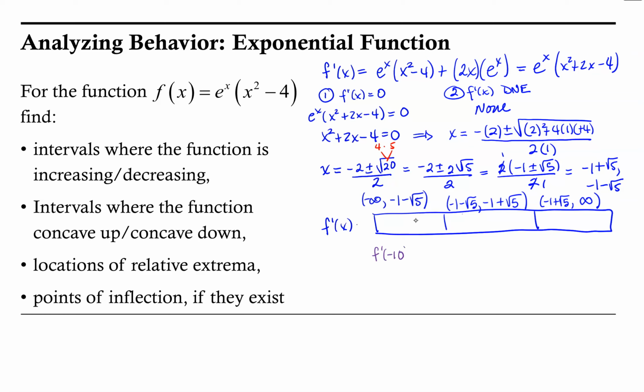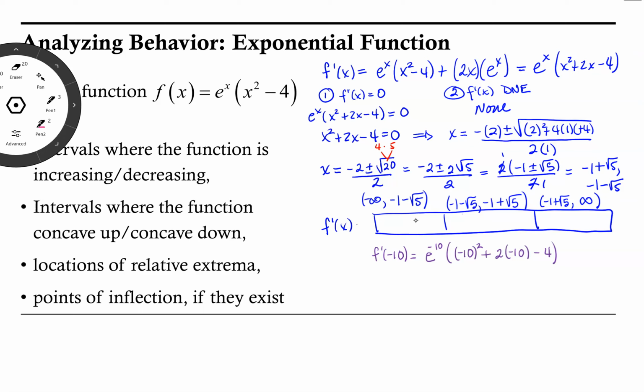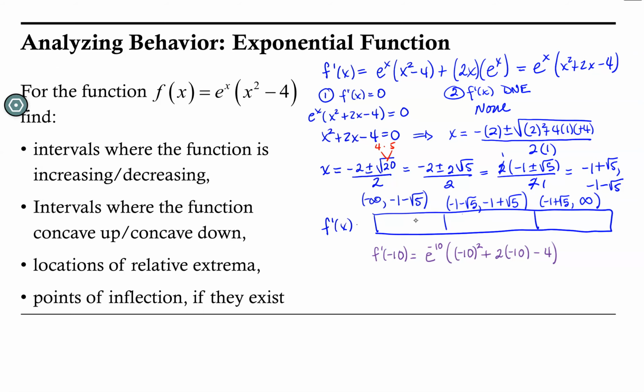So f prime at negative 10 will equal e to the negative 10 times negative 10 squared plus 2 times negative 10 minus 4. And remember, all we're interested in here is whether this is a positive value or a negative value. So e to the negative 10 will always be a positive value.